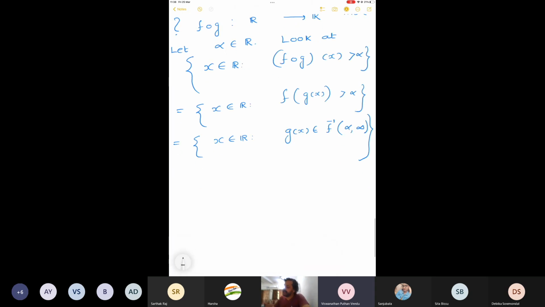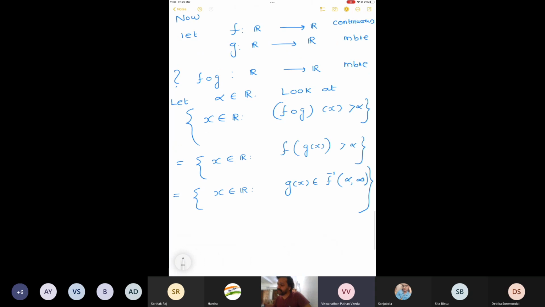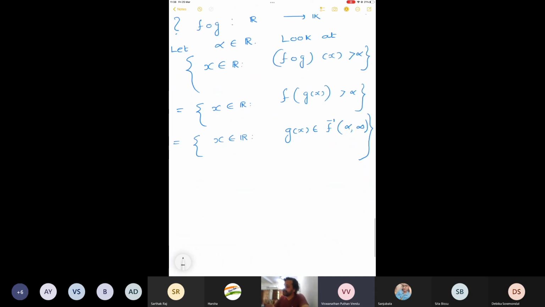Now, what is given to you is that f is continuous. Remember, (alpha, infinity) is an interval, and f is continuous. Since f is continuous, the inverse image of an open set is open, so in particular the inverse image of an open interval is open. Therefore f inverse of (alpha, infinity) is an open set in the domain.